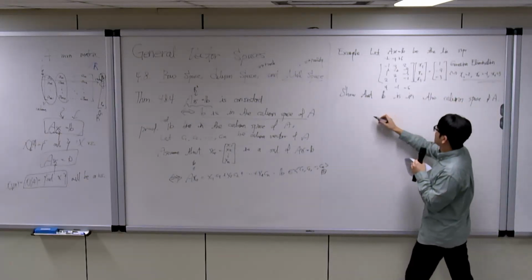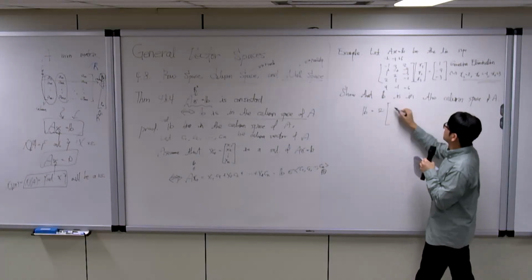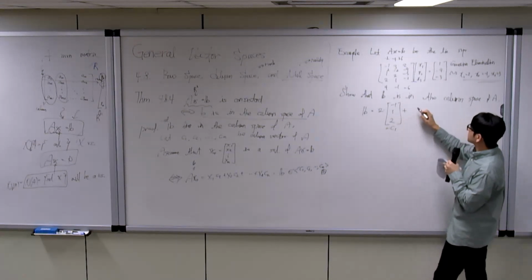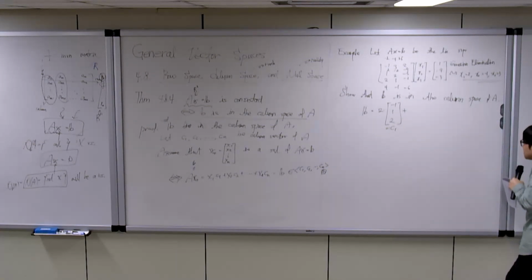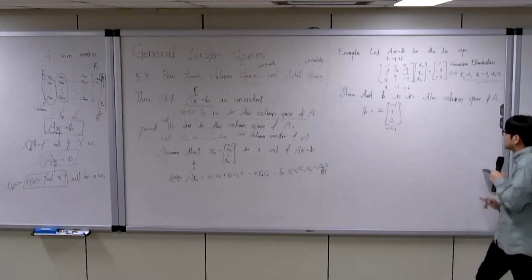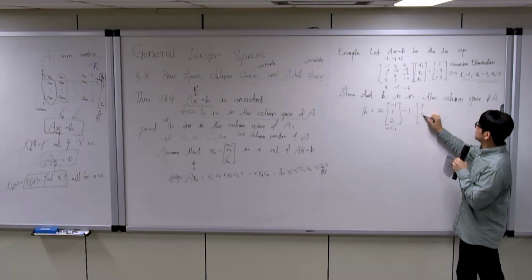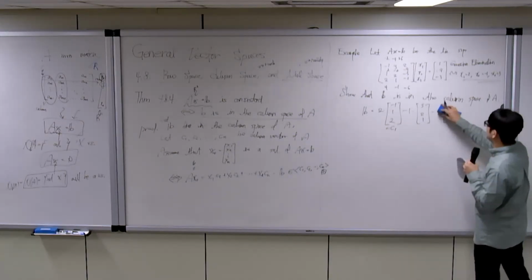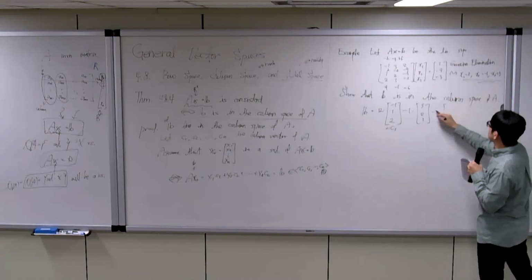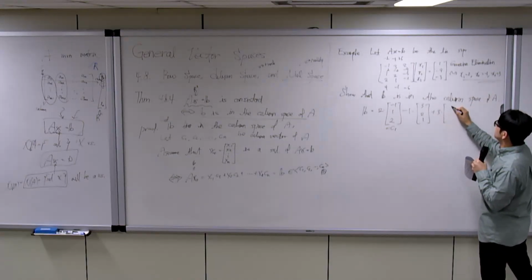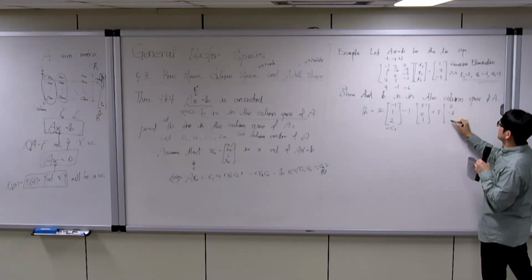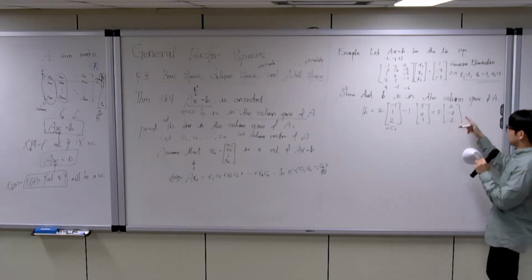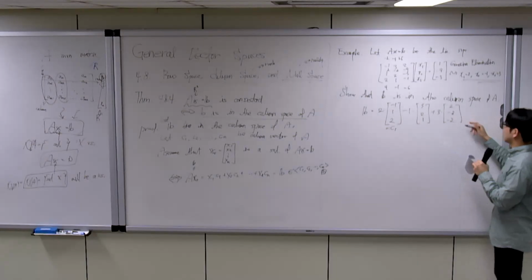Really, b can be written as 2 times the first column, C1, minus 1 times C2, plus 3 times the third column.